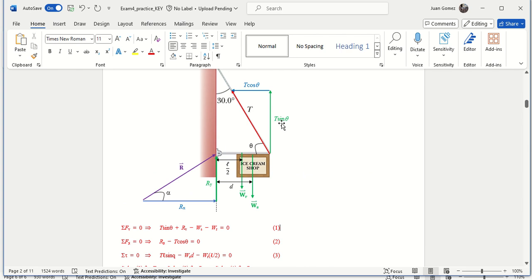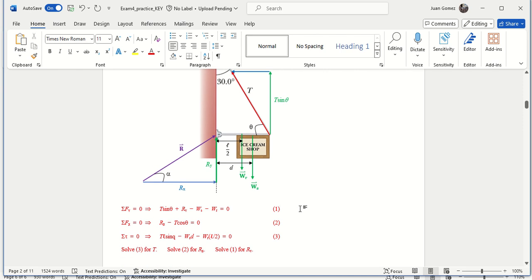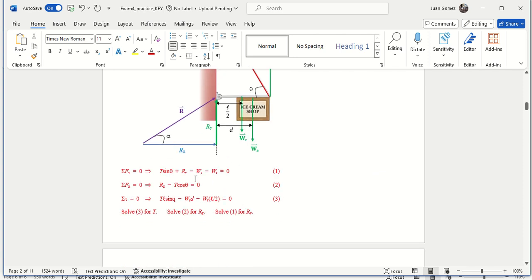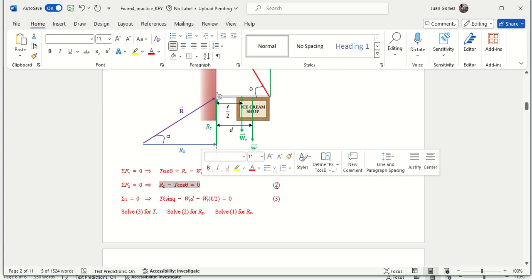That gives you T sine theta plus Ry minus Ws minus Wr equals 0. That's equation 1. Sum of the forces in the x direction equals 0. Rx minus T cosine theta equals 0, or Rx equals T cosine theta. That's equation 2.